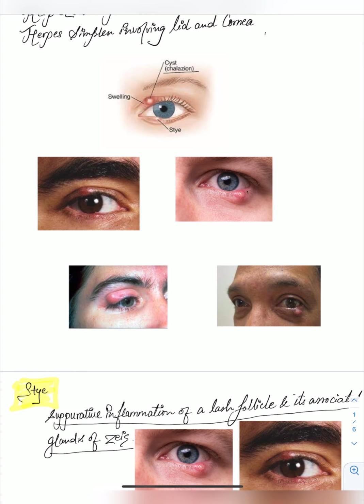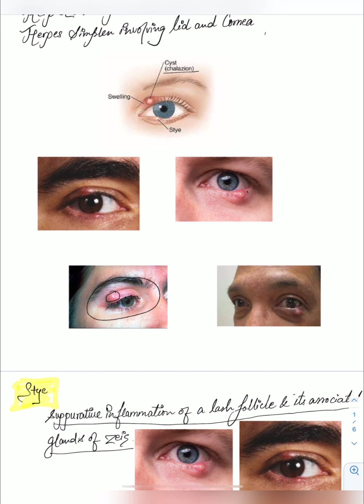In the fourth image, you can see a large bump a bit above the upper eyelid margin and the eyelash. In the fifth image, you can see a bump in the lower eyelid, a bit away from the lower eyelid margin and the lashes.